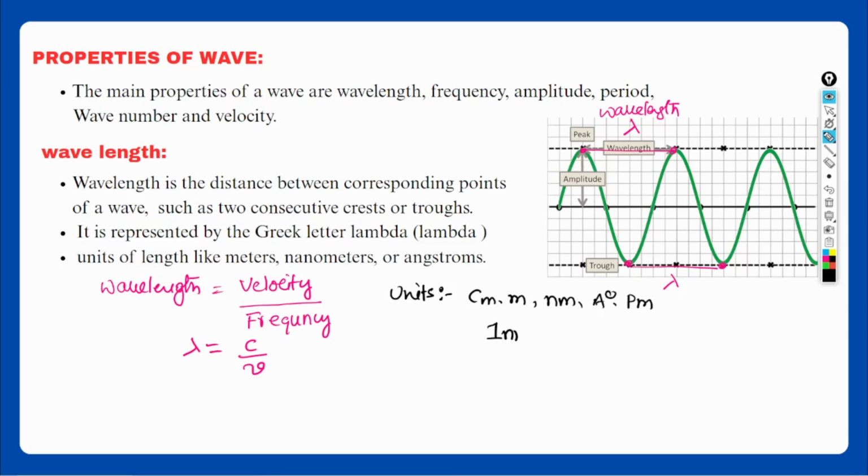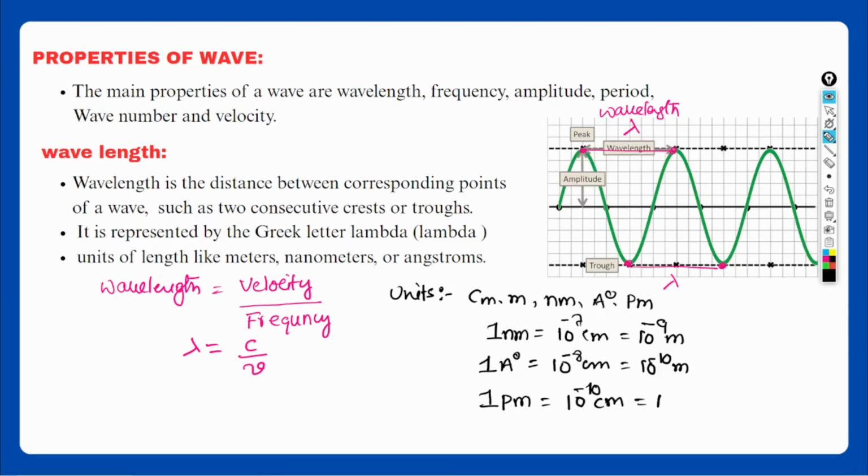1 nanometer is equal to 10 power minus 7 centimeter, that is 10 power minus 9 meters. 1 angstrom is equal to 10 power minus 8 centimeter or 10 power minus 10 meters. 1 picometer is equal to 10 power minus 10 centimeter or 10 power minus 12 meters.